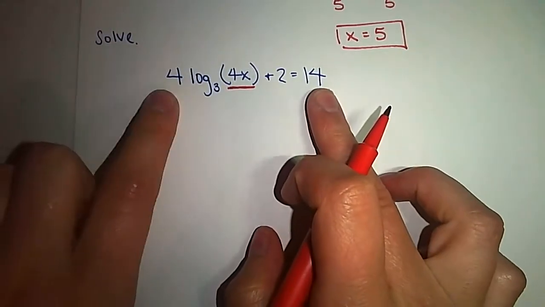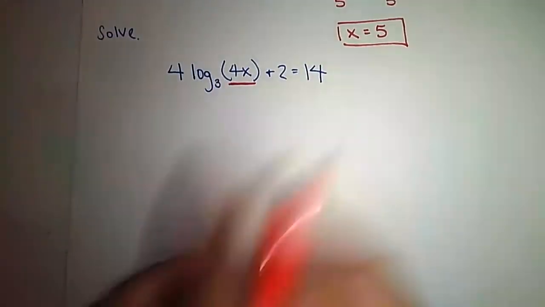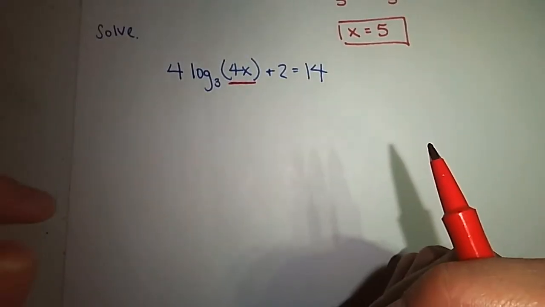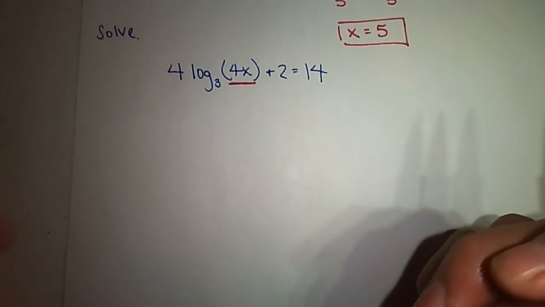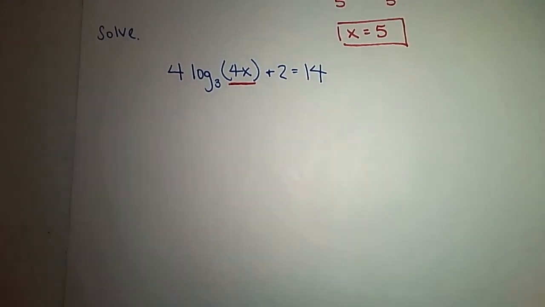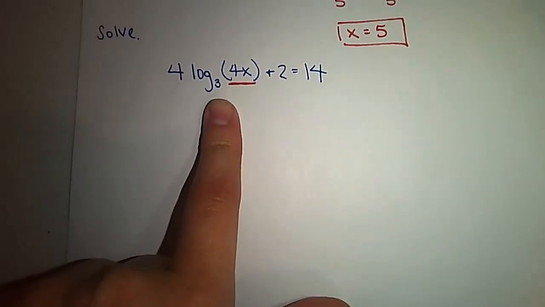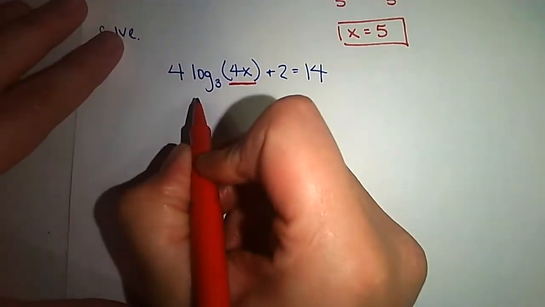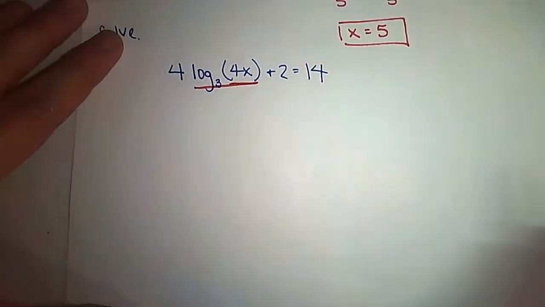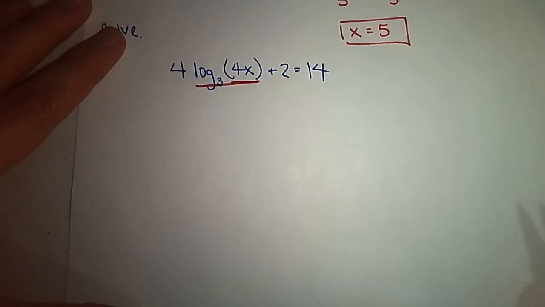The 4 outside and this plus 2 are not part of the log. In order to solve this, we will end up doing a log roll because there's only one thing with a log. But before we can solve this, we need to isolate this log. We need to get the log totally by itself.